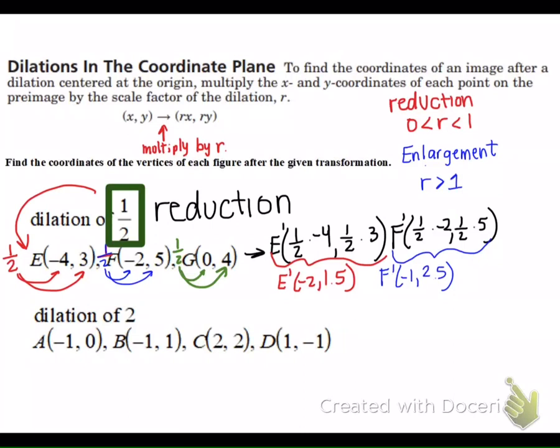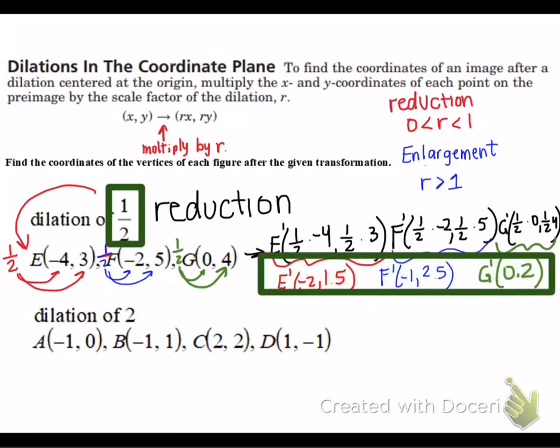Is this easy or hard? Easy. Our last one, G prime, is going to be 1/2 times what? 0? Yes. 0. 1/2 times 4. What is half of 0? Trick question. There is nothing. You can't get a half from 0. 1/2 of 4. These are our new points. The dilation for our image is going to be the following points.